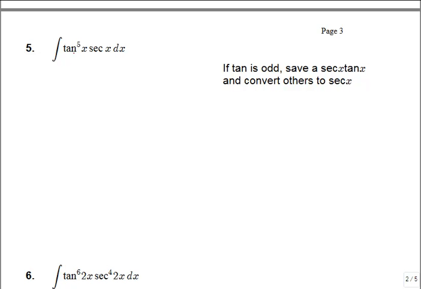So I'm going to split this up. I want to save one of the tangents along with the secant that I have to be part of my g prime. So we need a secant x tan x on the side, and we're not going to touch that. If I pull one of those tangents away, that leaves me with a tangent to the 4th, which I'm going to change to a tangent squared times a tangent squared.